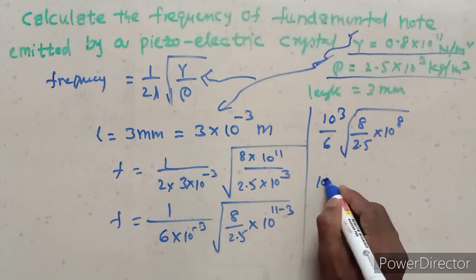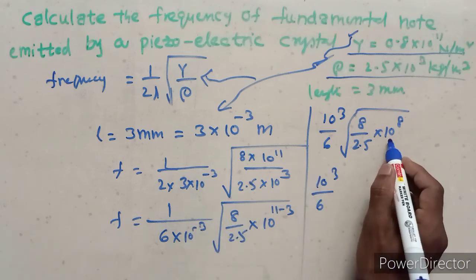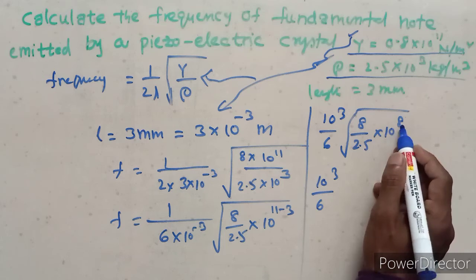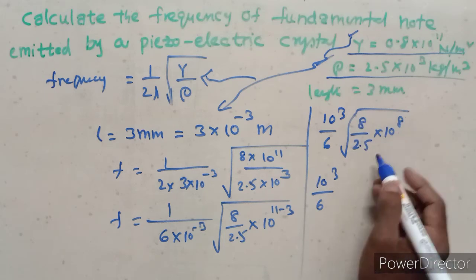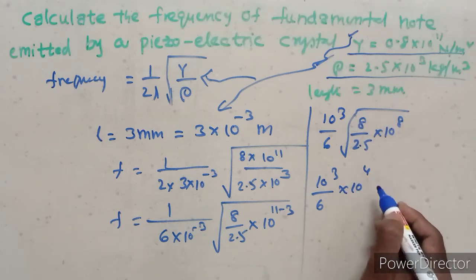So here 10 cube upon 6, under root 10 to the power of 8 is 10 to the power of 4.